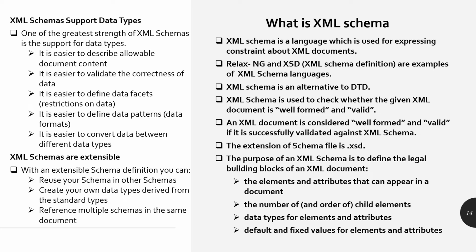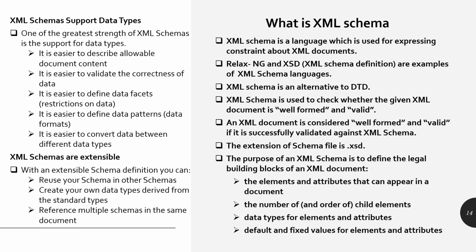That includes the elements and attributes that can appear in the document, the order or number of child elements, data types of elements and attributes, and also default or fixed values of attributes, whether the default color we need to specify, or it should be a fixed one that we need to specify.